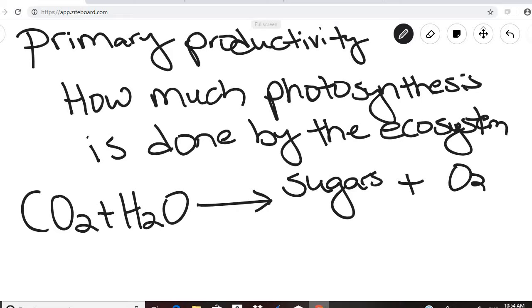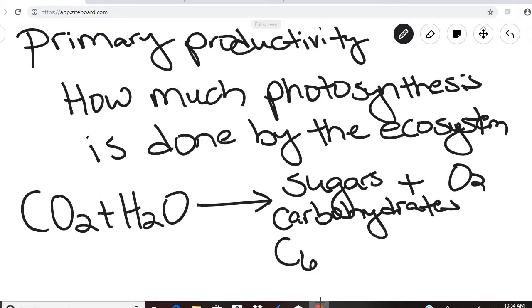And these sugars are carbohydrates, and the basic chemical formula for carbohydrates is C6H12O6. So some of that should at least look familiar to you from biology or chemistry. But basically, what we are doing is we're taking the carbon that is in carbon dioxide, so this is a gas, and we're converting that carbon.